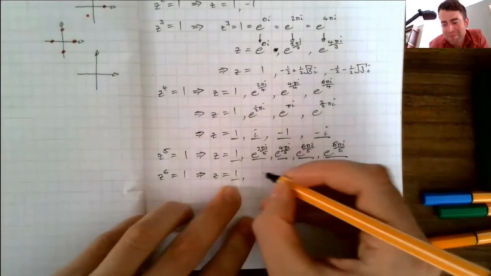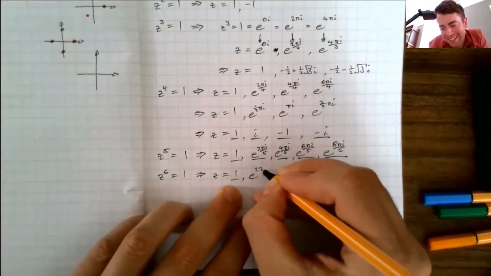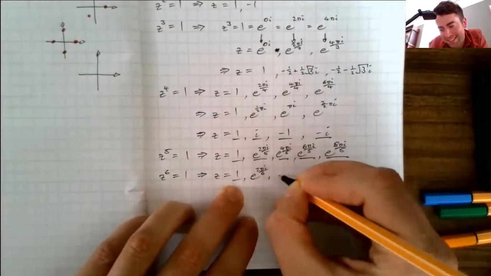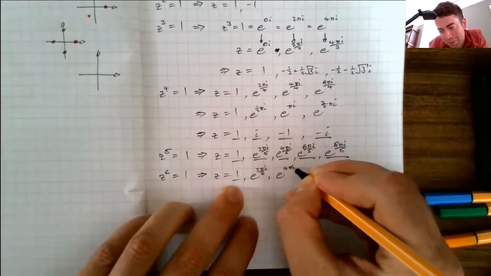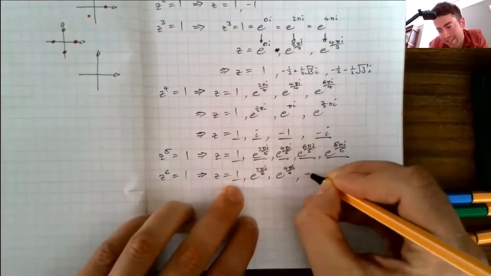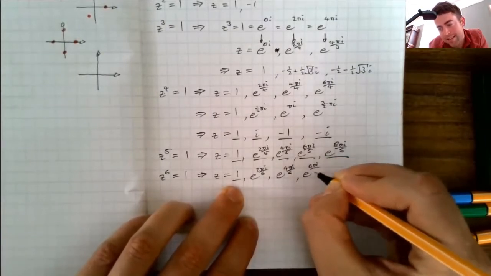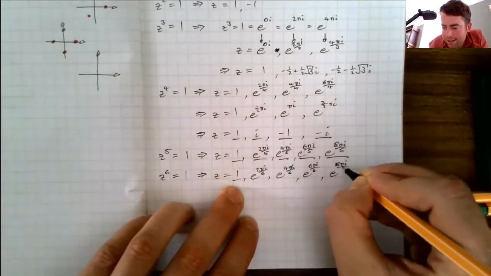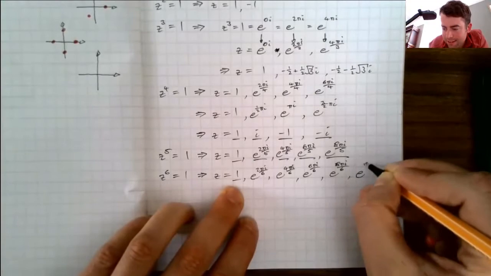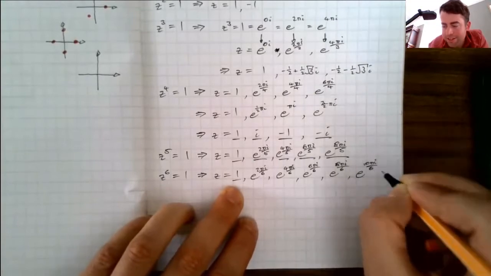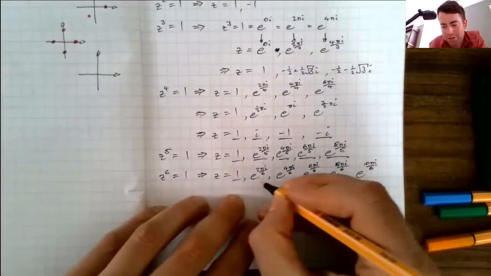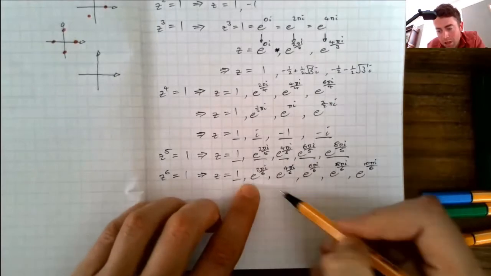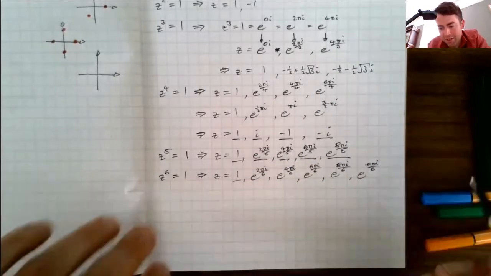I'm excited. We've got e to the 2 pi i over 6, 4 pi i over 6. Those are the 6th roots of unity. But a lot of these cancel down.